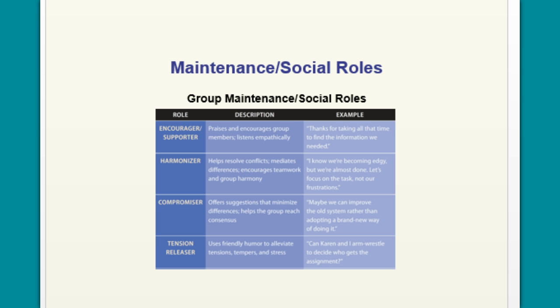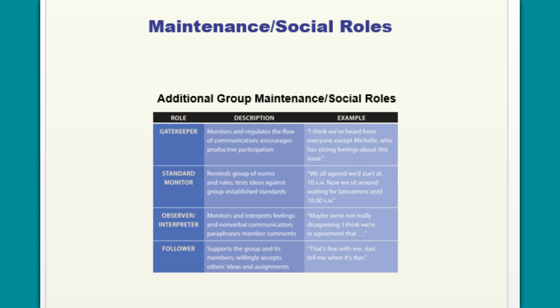These are not reserved for just one person within the group. Everybody should engage in all of these social roles and the task or the social and maintenance roles that are listed on this slide too. So again, that's important to know, that for a functional group, it's the responsibility of all group members to appropriately engage in all of the roles.